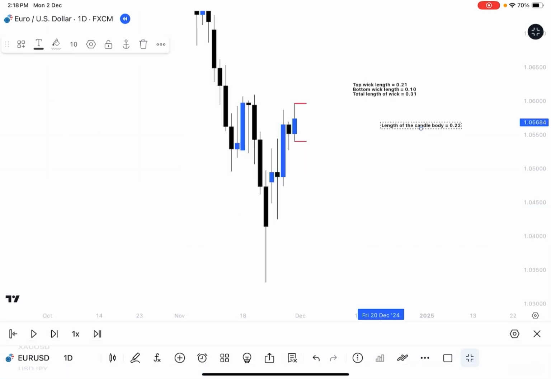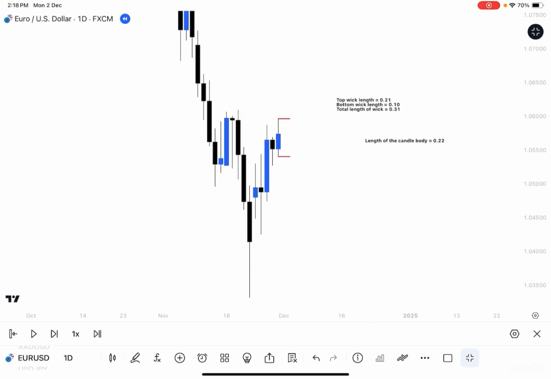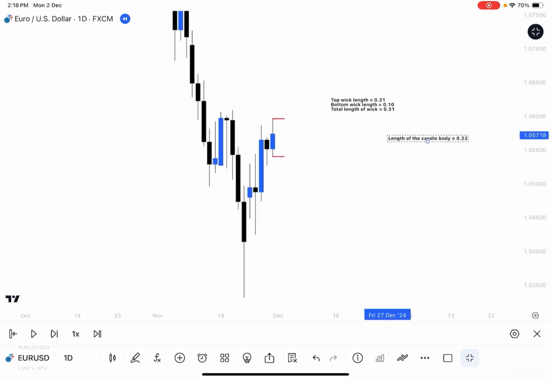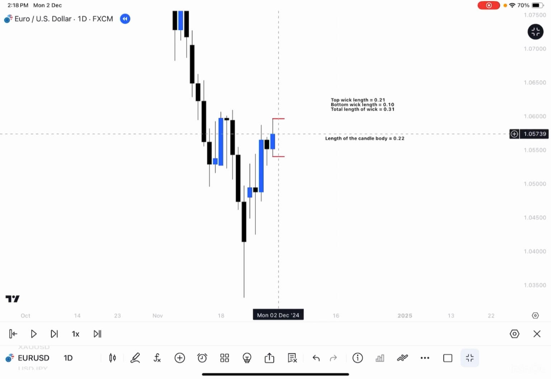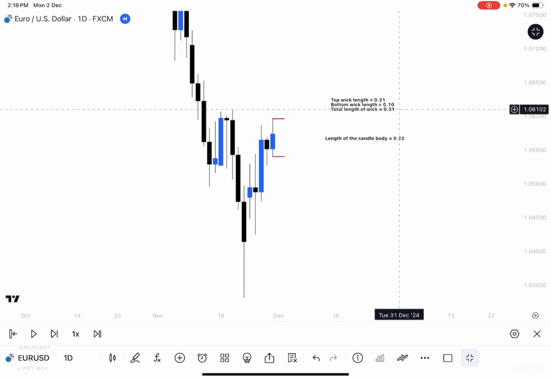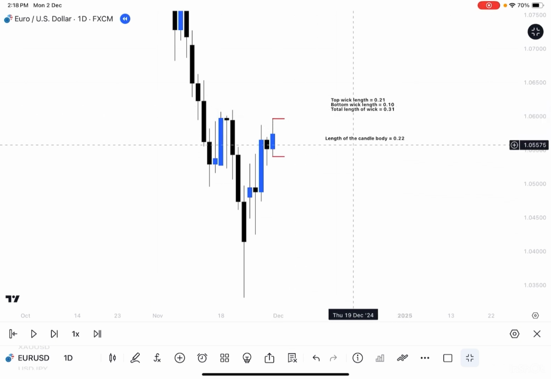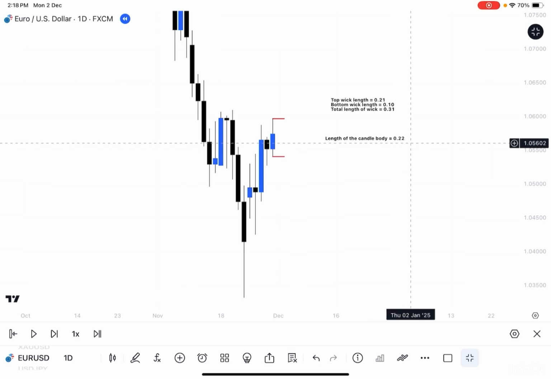So here we got the length of the wick of this particular candle is 0.31 and the length of the same candle body is 0.22.